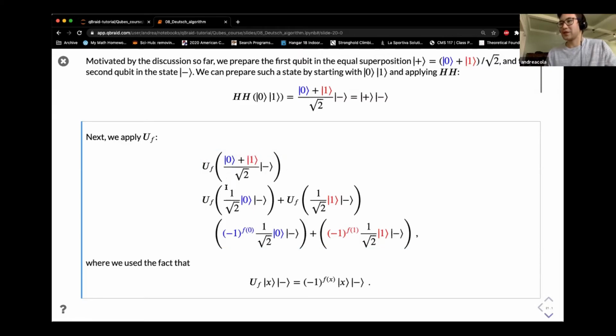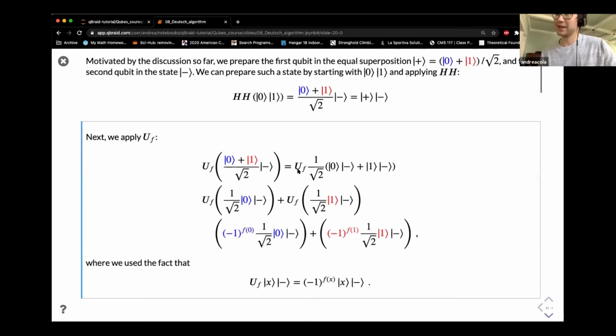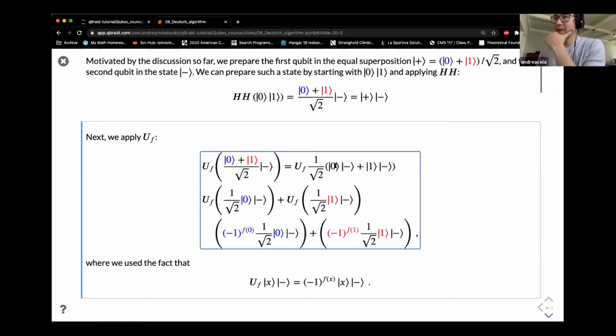Now we can decompose this by breaking apart the first qubit, just by linearity. So I added an extra calculation: I've applied U sub f to ket plus, ket minus, and I've rewritten this term as follows. And then I'm using linearity to say that it's the same as applying U sub f to the first term, 0 minus, and applying U sub f to the second term, which is 1 minus.